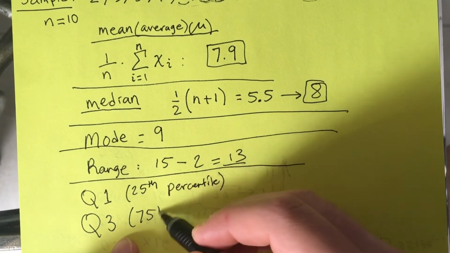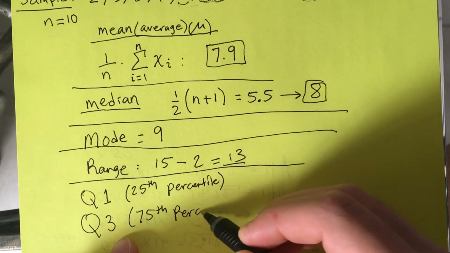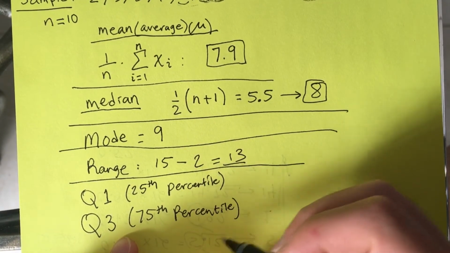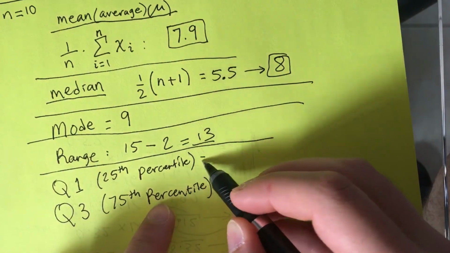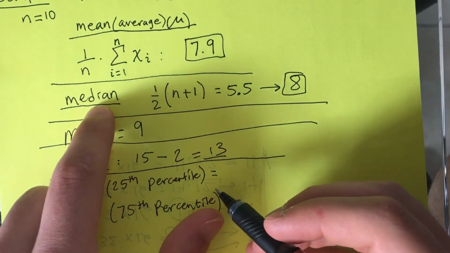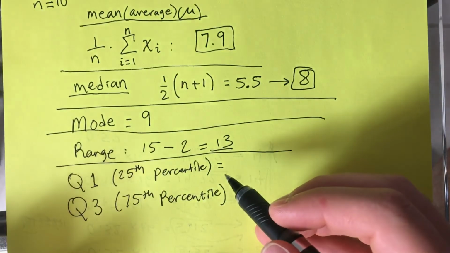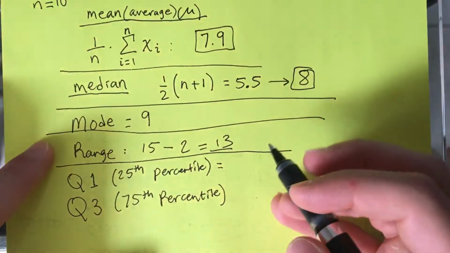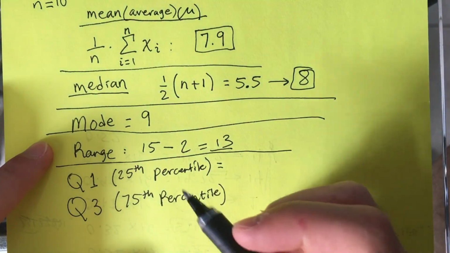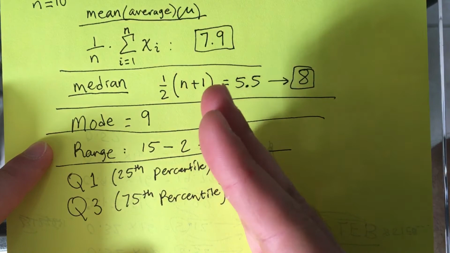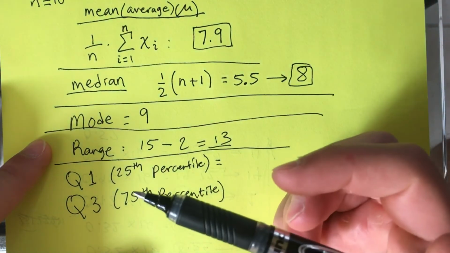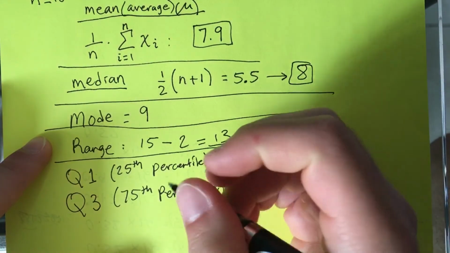It is the 75th percentile. And the way you find that is the same as the median. The median is quartile 2, the 50th percentile, so right in the half. That means 50% of the data points are greater than the median, and 50% are less than the median.